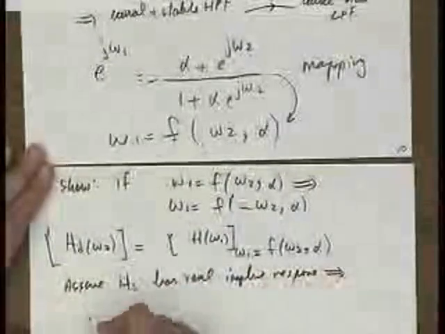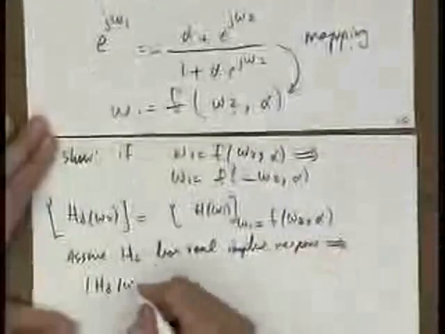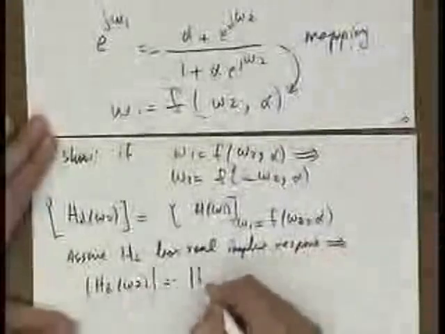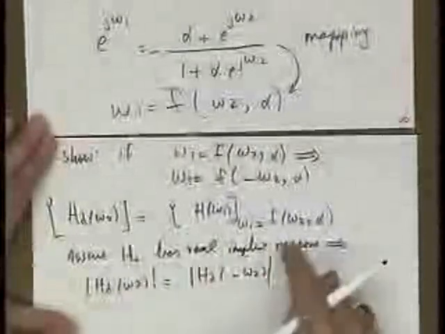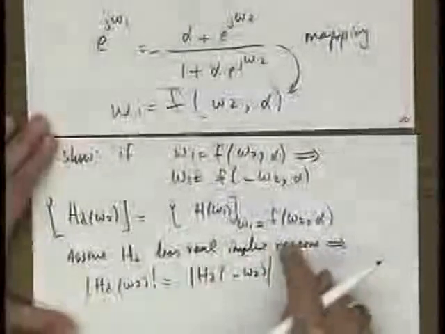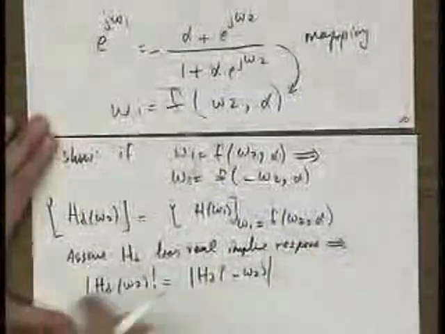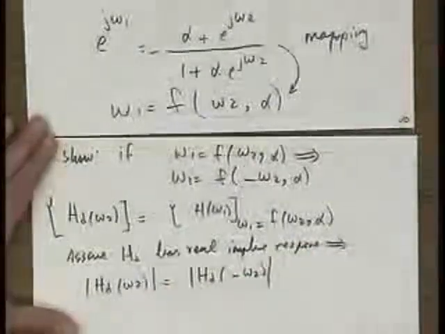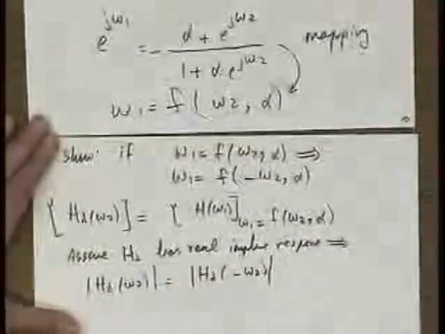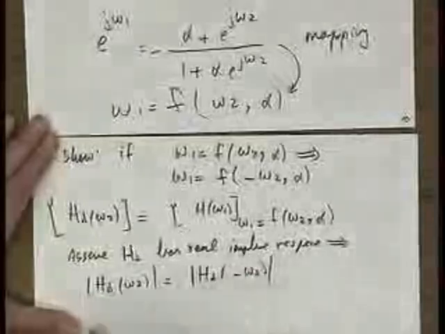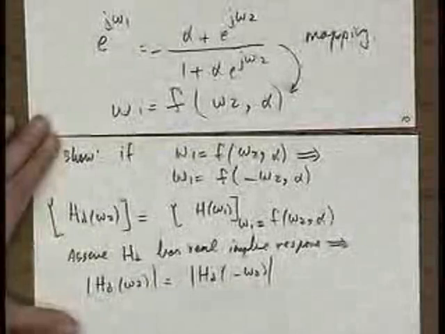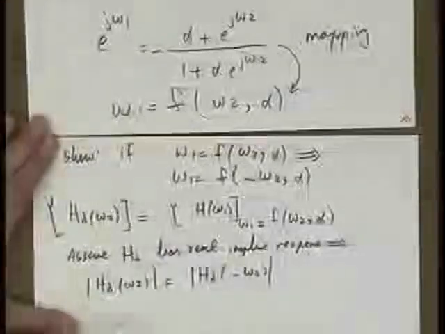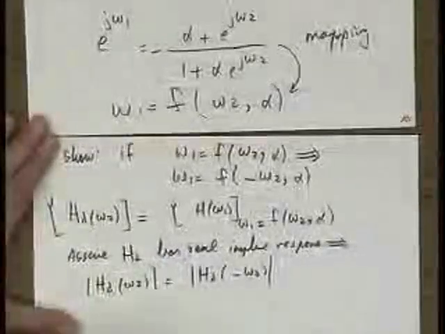Well, that concludes that the magnitude of H sub d of omega 2 is equal to the magnitude of H sub d of minus omega 2, because that means the Fourier transform is conjugate symmetric. If the Fourier transform is conjugate symmetric, its magnitude is symmetric, its phase is antisymmetric, right? So here is the magnitude that's symmetric, because I assume this guy has a real impulse response.